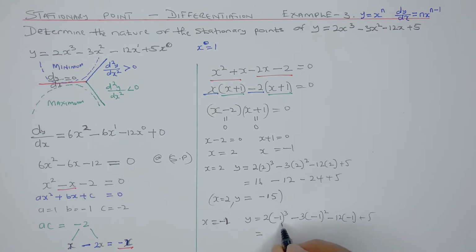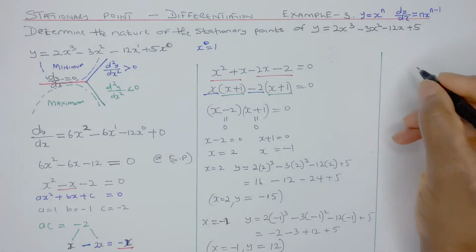Minus 1 cubed is still minus 1, so that's minus 2. Minus 1 squared is 1, so that's minus 3. Minus 12 times minus 1 is plus 12. Plus 5. And that equals 12, when x equals minus 1. So that's the second point.